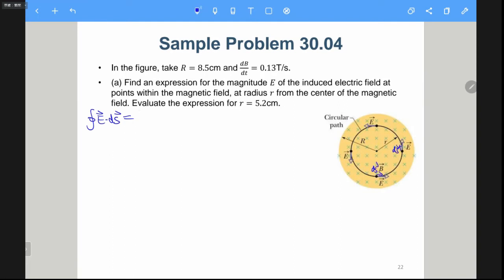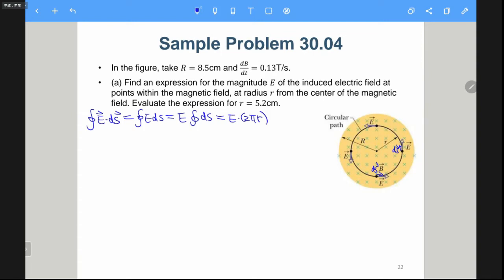So this inner product is nothing but a multiplication, E ds. And we assume E will be uniform over this circle, over this path. So it is nothing but E times the closed integration of ds. This is the circumference of the circle, which is 2 pi r.